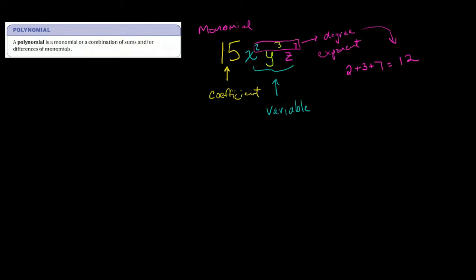And that's important to understand, because you could have a polynomial that looks something like this. 15x squared minus 12x to the third power z to the fifth power plus 8x, and we'll use that for our y, minus 7.